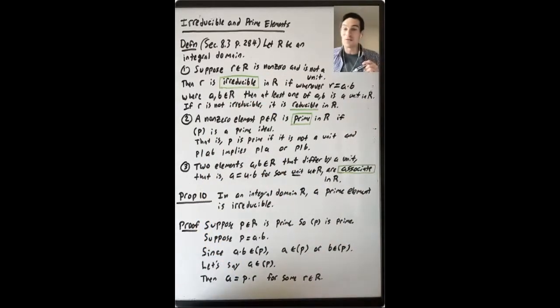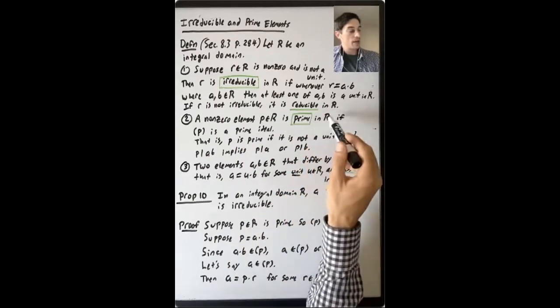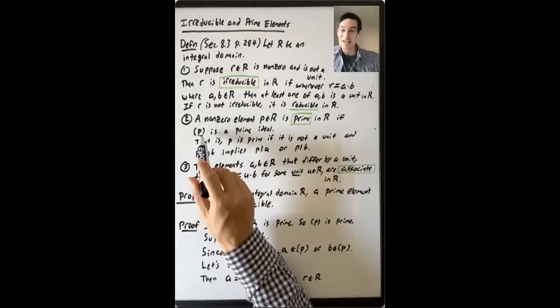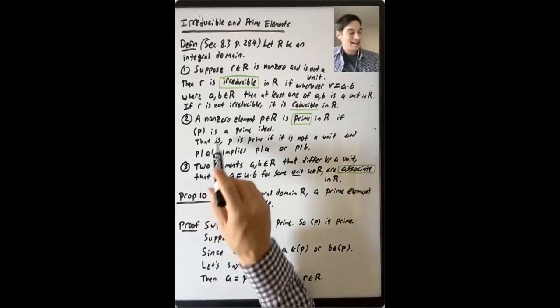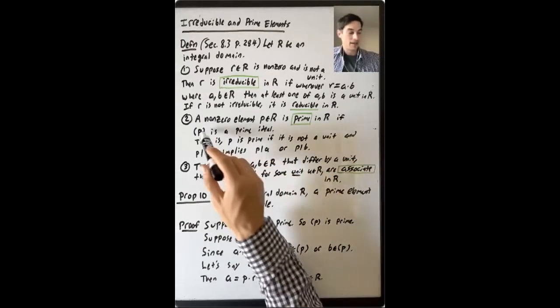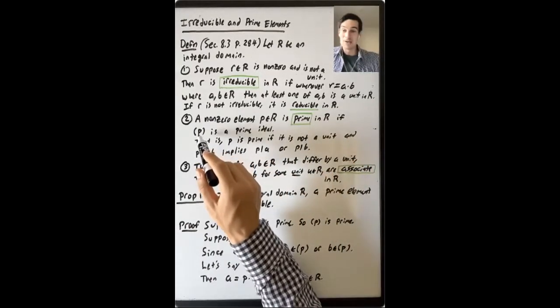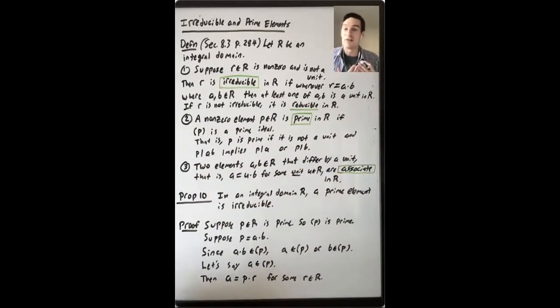We know what it means for an ideal to be prime, but we haven't defined what it means for an element to be prime. So a non-zero element p in the ring R is prime in R if the ideal generated by this element is a prime ideal. What's another way to say that? That is, little p is prime if it's not a unit, because if it were a unit, the ideal that it generates would be the whole ring, and part of the definition of a prime ideal is that it has to be a proper ideal.